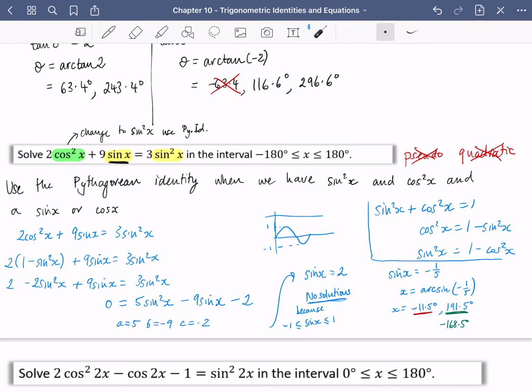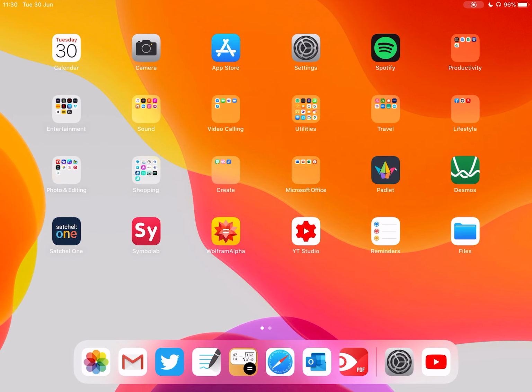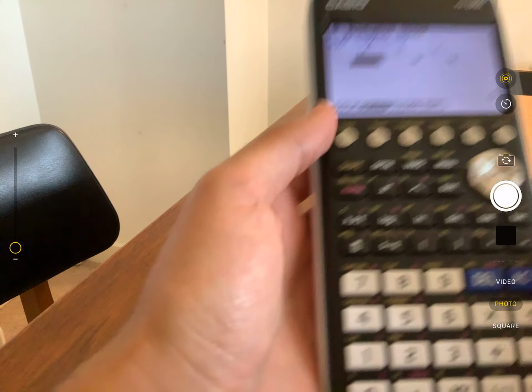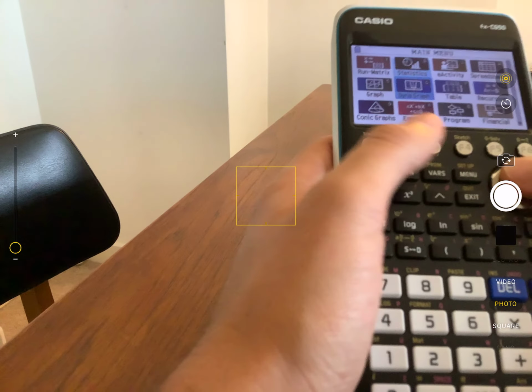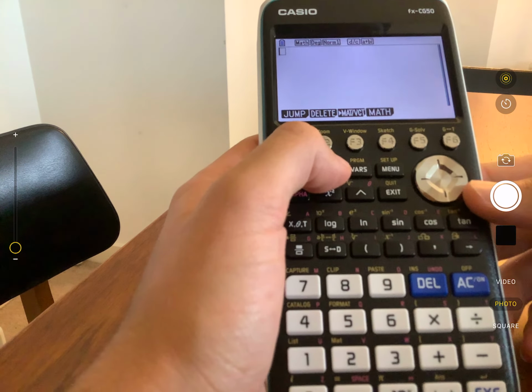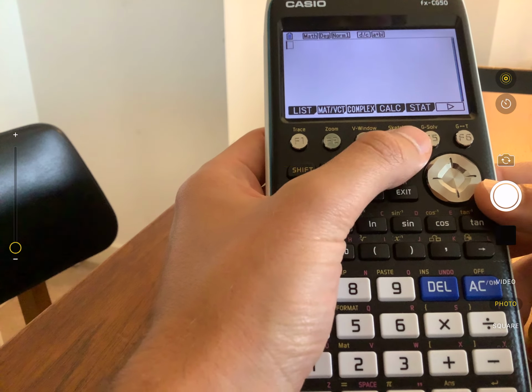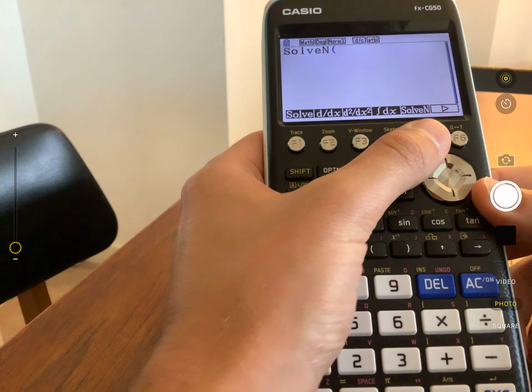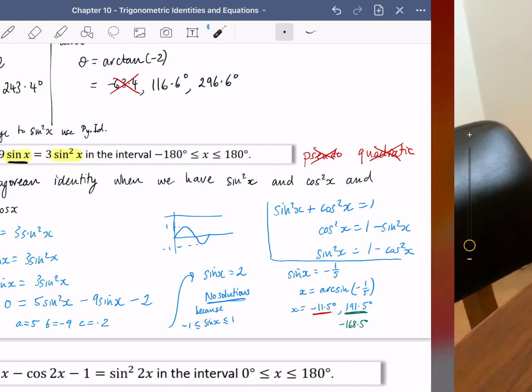Okay, so I'm going to just show you this one using the equation solver on my calculator. So I'm just going to go across to my camera, which is up here. Okay, so we're going to go to Run Matrix, and we're going to go to Options, then Calculate, Solve N. Now I need to remind myself what the equation was.